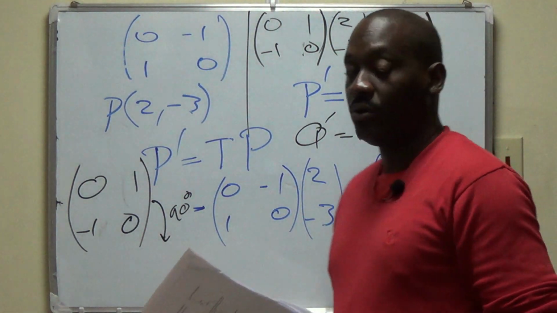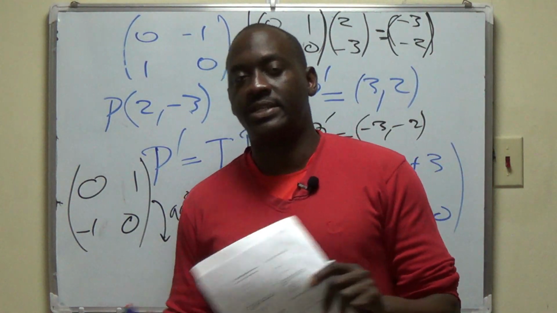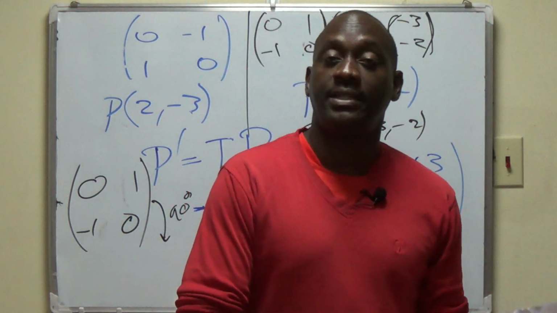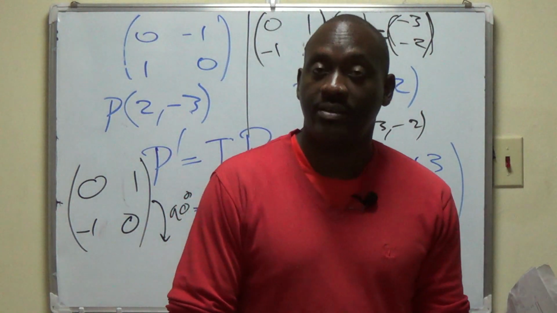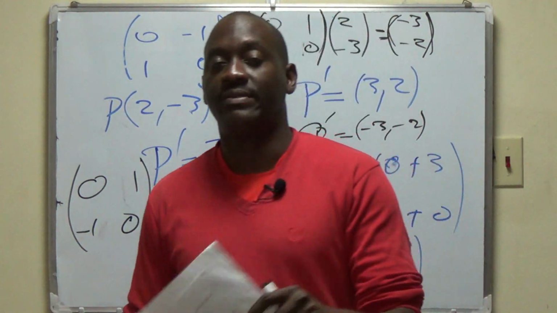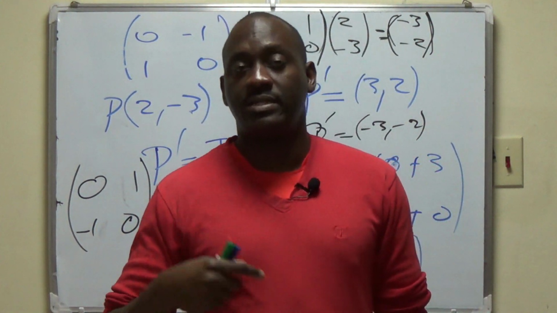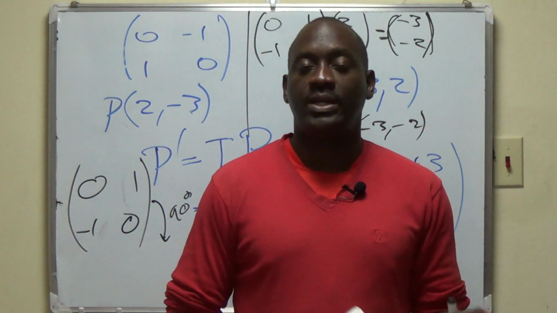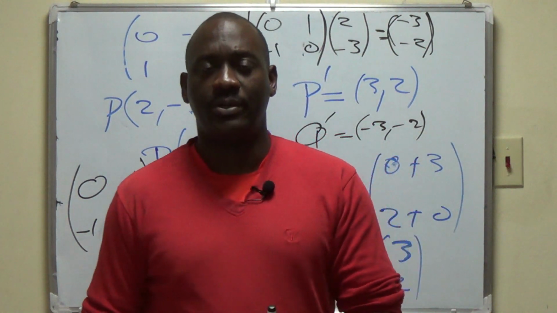Alright, so be very careful of the differentiation between 90 degrees clockwise and 90 degrees anti-clockwise. Same thing for 270 degrees clockwise versus 270 degrees anti-clockwise. Of course, in the case of a rotation of 180 degrees, it matters not whether you rotate clockwise or anti-clockwise, you'll end up at the same point.